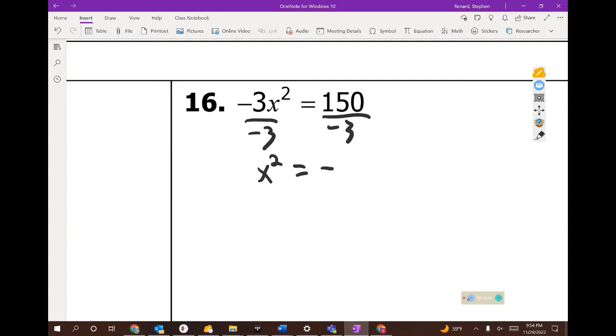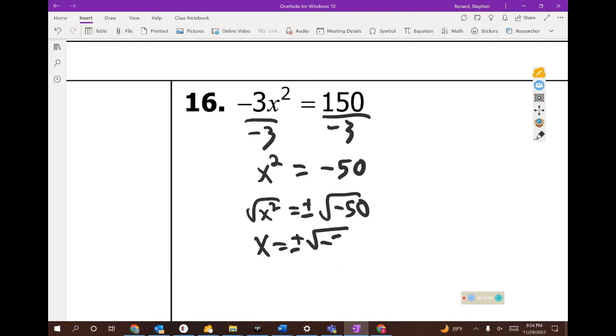So we end up with negative 50. So now remember that when we are square rooting this, at this point, we should be able to look at this and go, hey, that doesn't work.